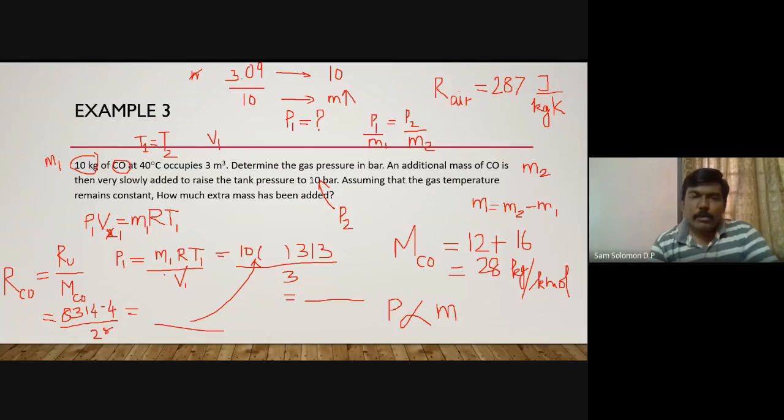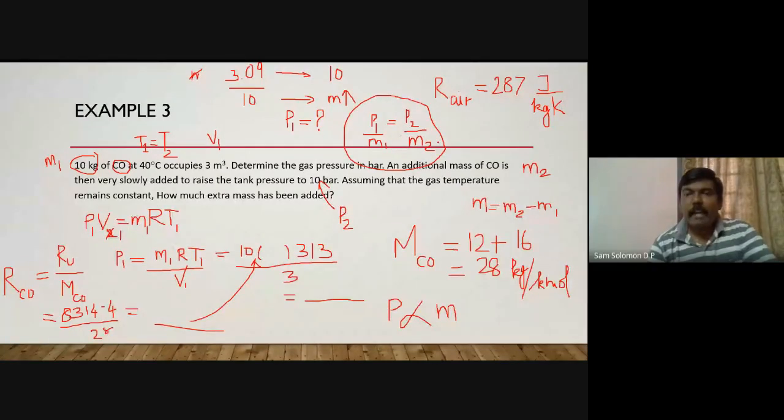But we don't know the value of V2. So there are two unknowns, M2 and V2, and we cannot proceed further. So when we check the problem again, we find that when the mass is increasing, the pressure is also increasing, so we end up getting this particular formula. This formula is not applicable for every problem. For this problem alone, we can use this.